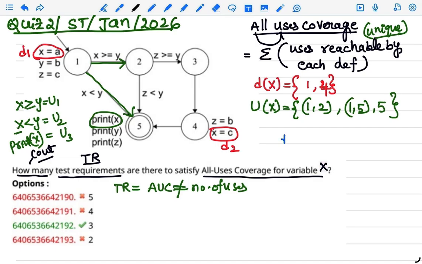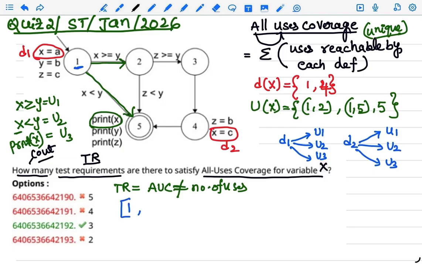So definition 1 to use 1, use 2, use 3, and definition 2 to use 1, use 2, use 3. Okay, first, definition 1 is at node 1, right? That is 1 comma 1 to 2, which is reachable, and it is a unique path also.